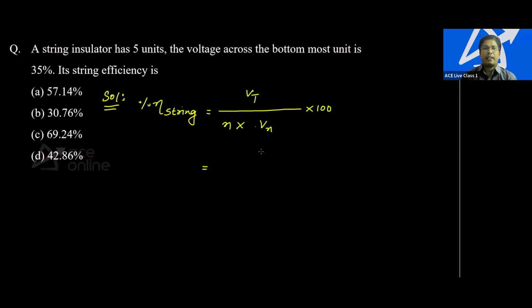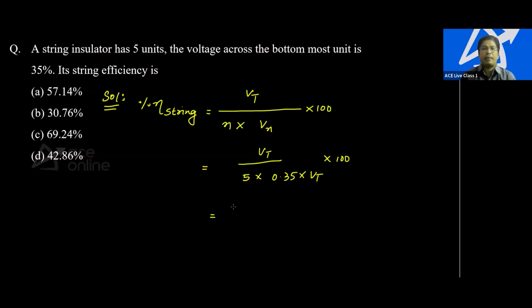The total voltage across the string is not given, the number of disks is 5, and the voltage across the bottommost disk is 35% of the total voltage. It is 0.35 times the total voltage, into 100. Right. So V total will be cancelled.